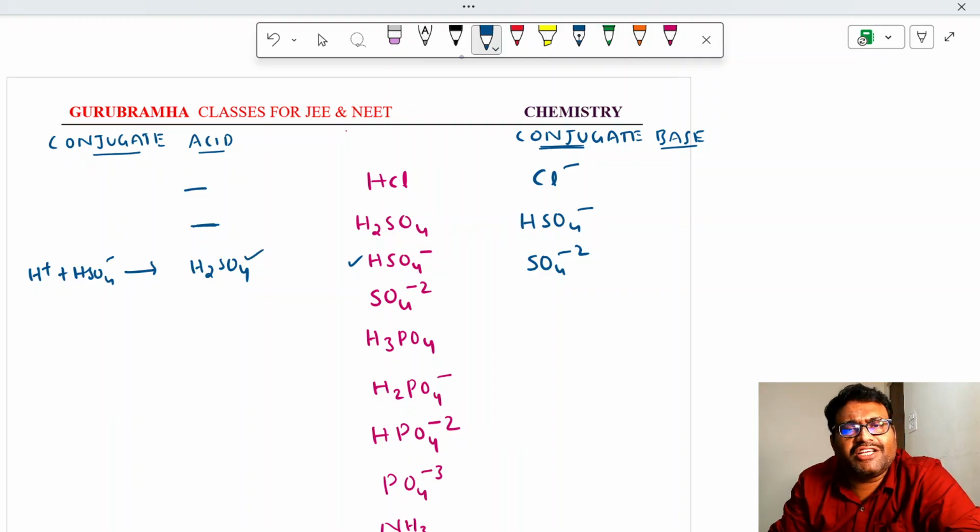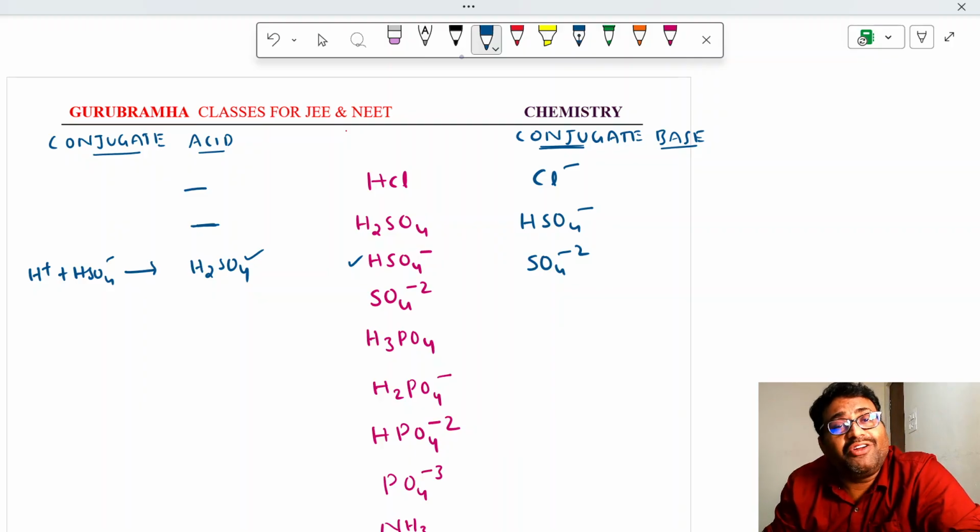Simply add H plus to that. That is possible only if a proton can be added. If it's not possible, you cannot add. See, for HCl, is it possible to add H plus? No. So you have to think about the possibility also. Can you add H plus to H2SO4? It's not possible.